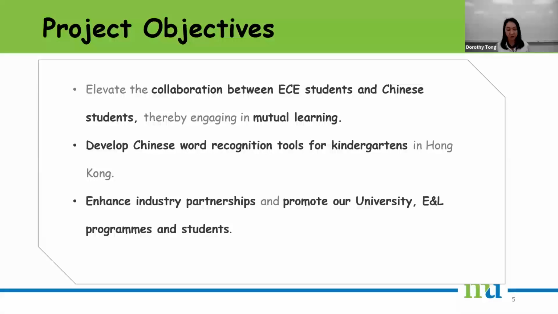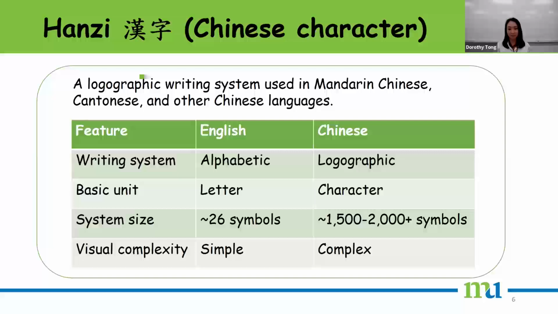First, I know many of you should have much knowledge of the Chinese writing system, but I still want to go through it briefly. Chinese characters are a logographic writing system, and the basic units are characters.